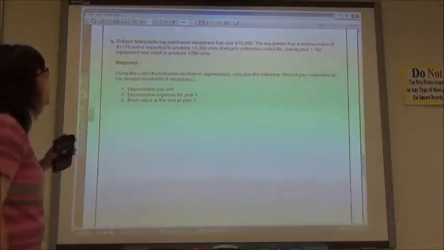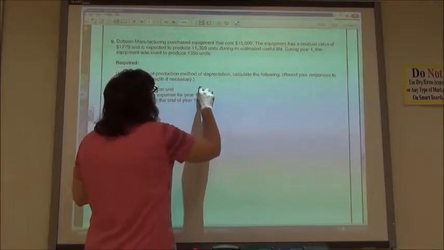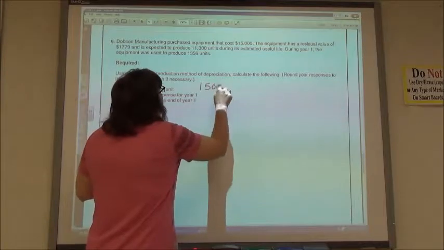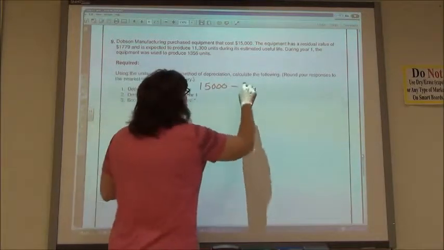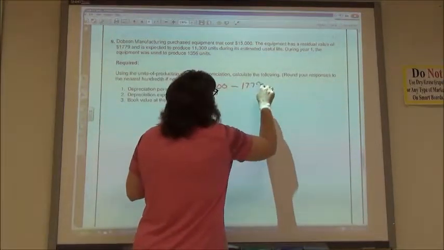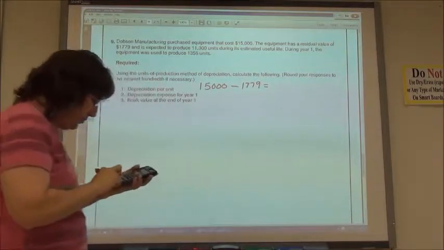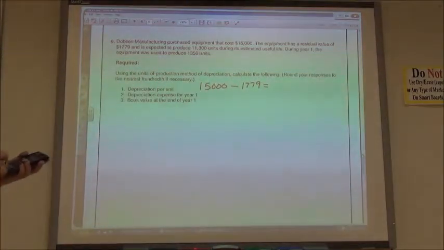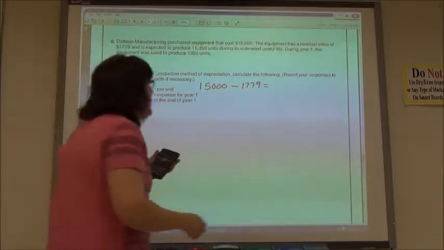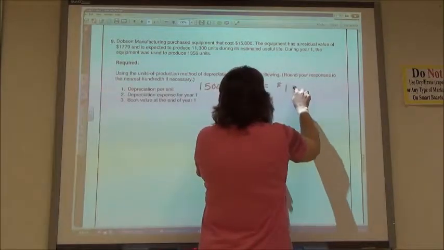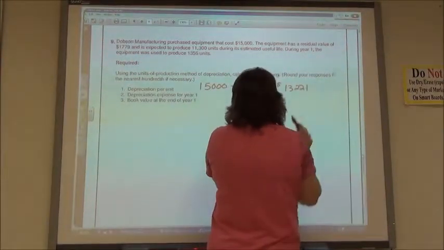Depreciation per unit. So first of all, find our total depreciation. Cost me $15,000. Its residual value is $1,779. Means the total depreciation is $13,221.